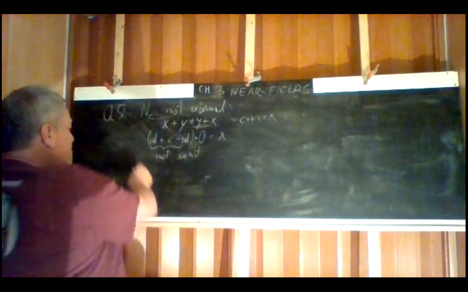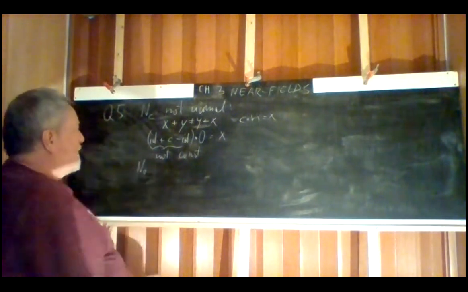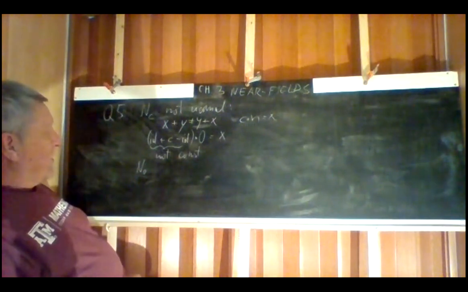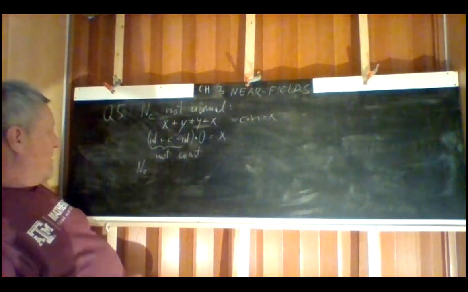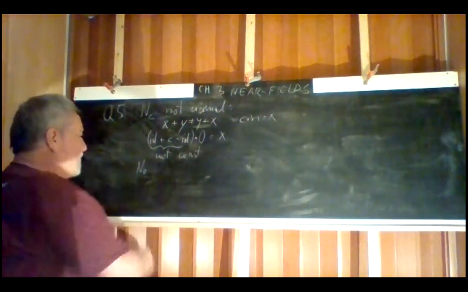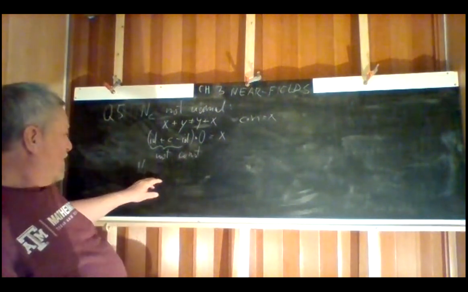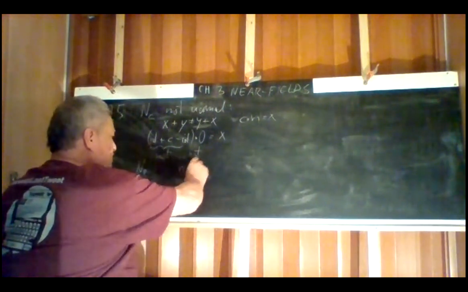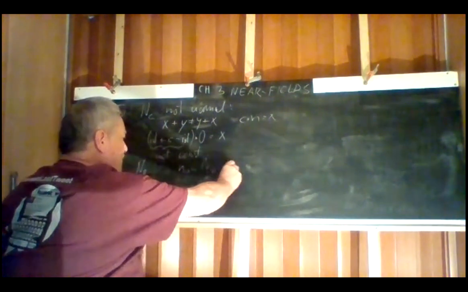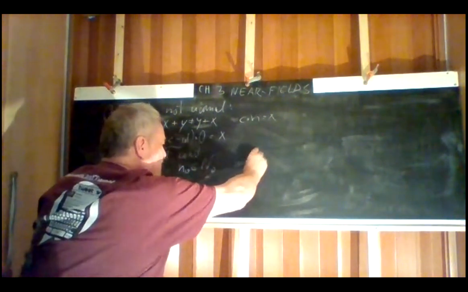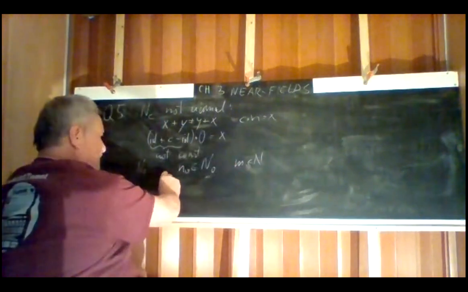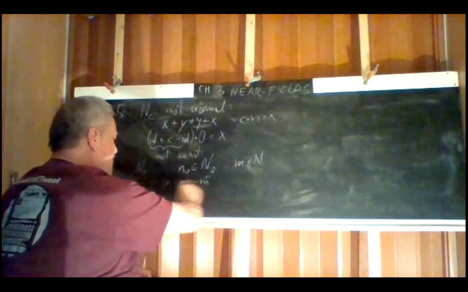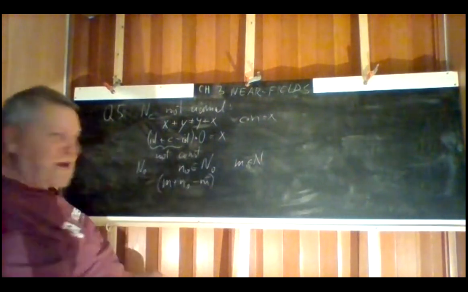What about N sub 0? This can easily be seen to be a normal subgroup, always. And why is this the case? Well, if we have n in N sub 0, and if we have some m in N, then m plus n minus m has to be back in N sub 0.